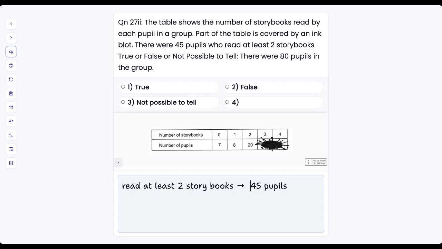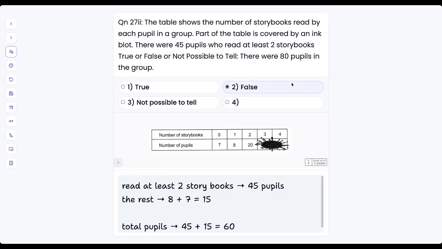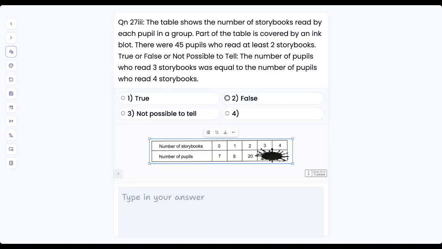So the rest is basically 8 plus 7, which is equal to 15. So total pupils is equal to 45 plus 15. Is it 80? No, it's only 60 pupils, right? So therefore, this is false. Okay, there you go. Let's move on to the next one.